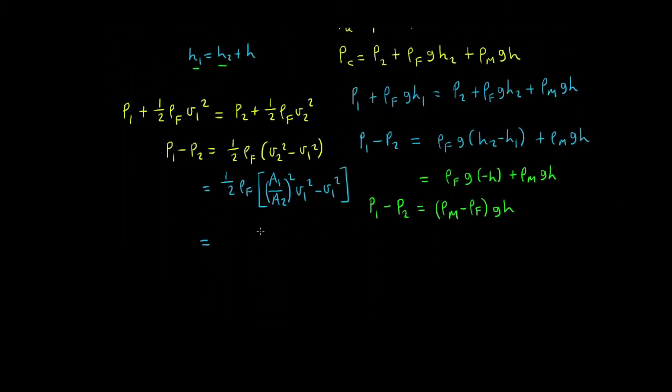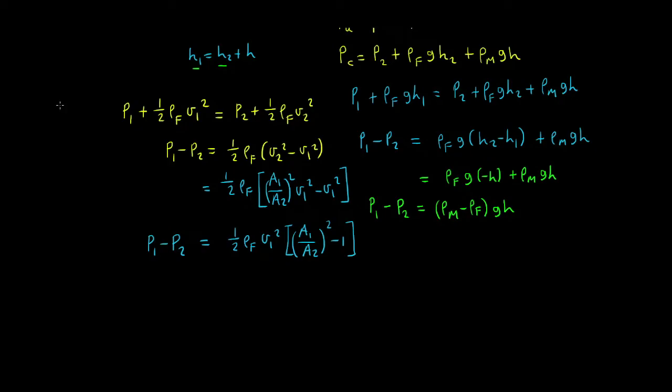So therefore, I'm going to get 1/2 rho F V1 squared, multiplied by A1 on A2 squared minus 1, because that's equal to P1 minus P2.